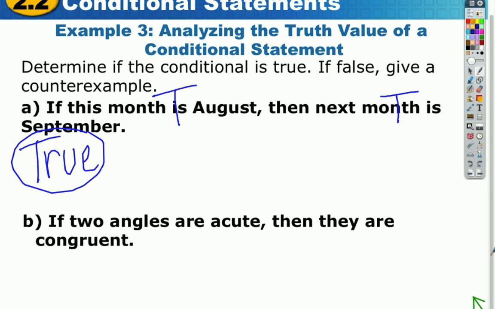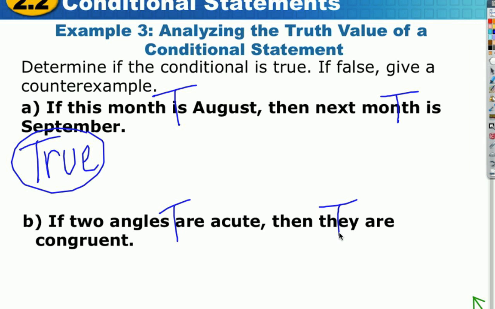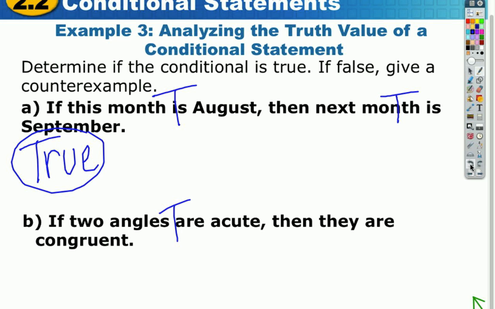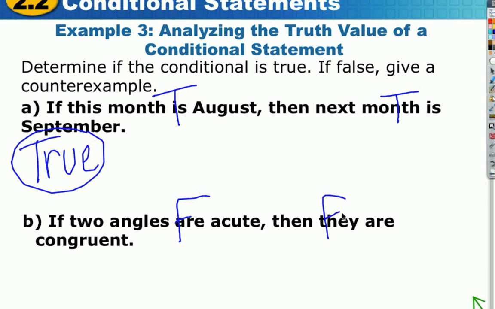Now let's look at part B, which is not the same question as before, but similar. If two angles are acute, then they are congruent. So, if it comes out like this, true, true, then it's a true statement. If it is false, false, then that's actually a true statement.